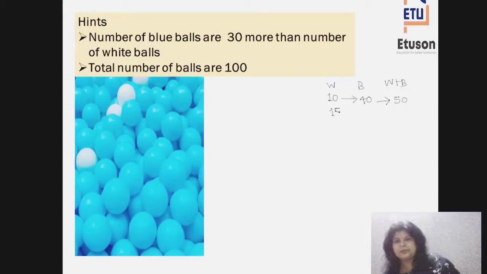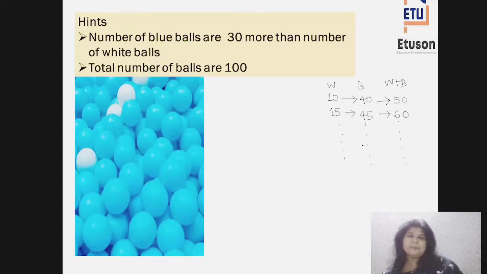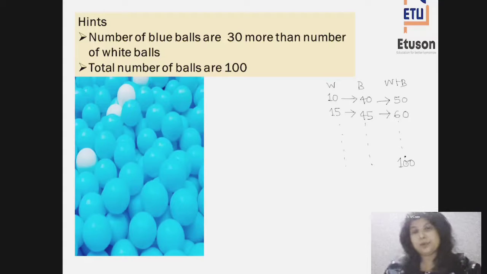You can start with 15, then blue becomes 15 plus 30, that is 45, and the sum is 60. Likewise, you have to take values until your sum becomes 100. By this method, you may get the answer sometime, but it takes much time. Correct or not?